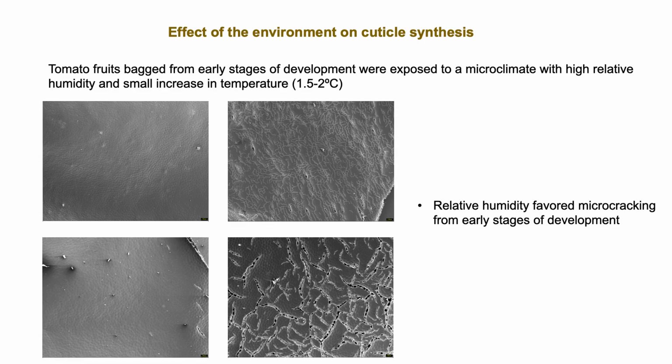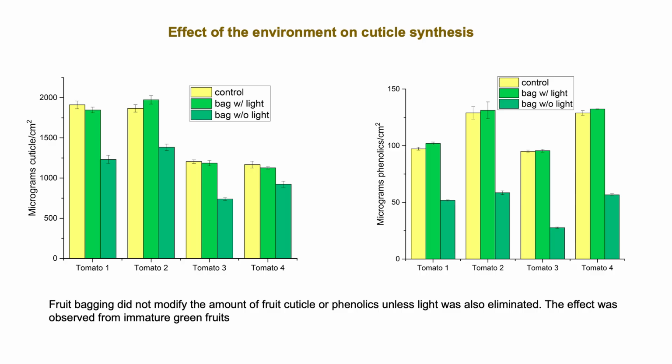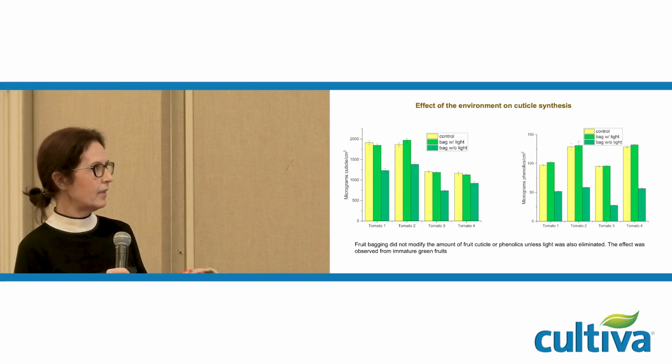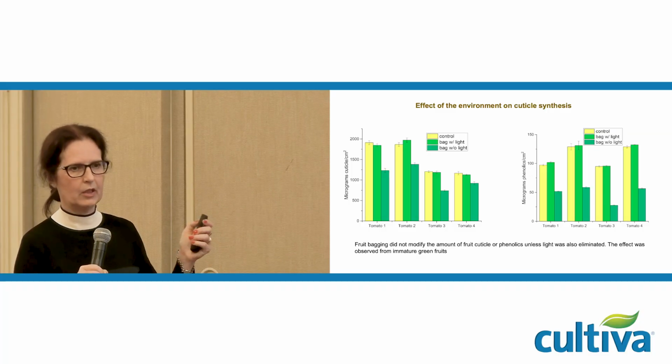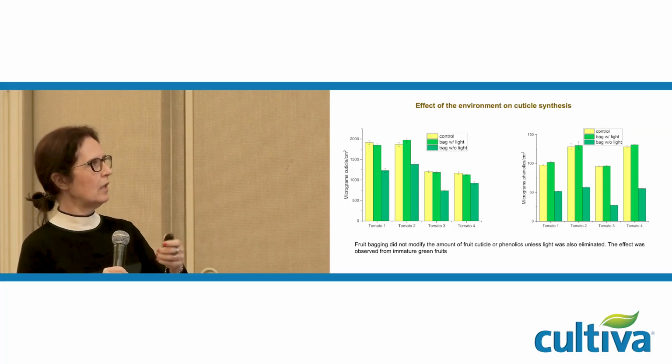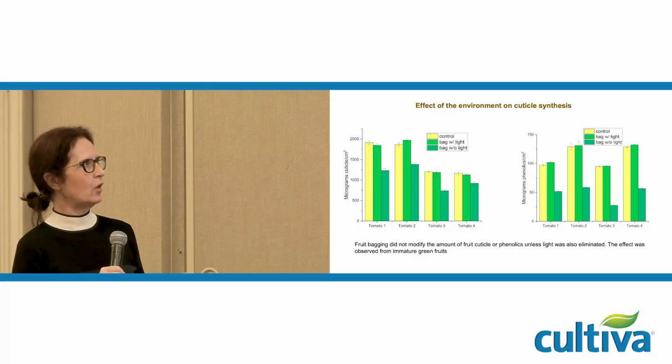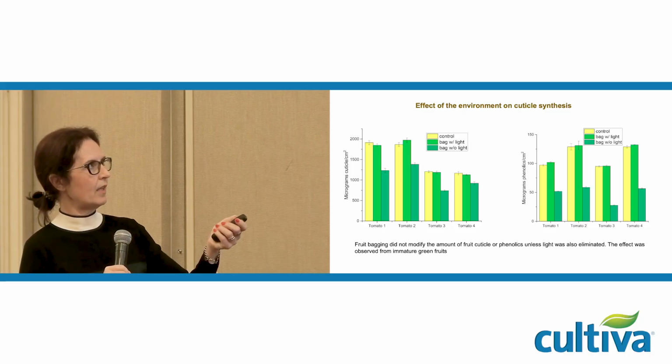But what happens to the cuticle? Well, in our experience, we were very surprised, because contrary to the previous result that showed that bags had an effect on cuticle thickness, and theoretically, but only theoretically in the amount of cuticle, we didn't see any effect on the amount of cuticle or in its thickness.